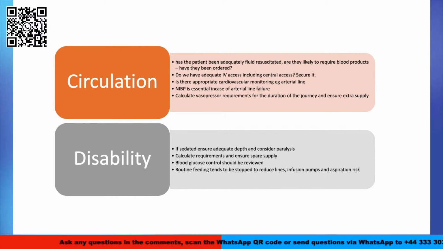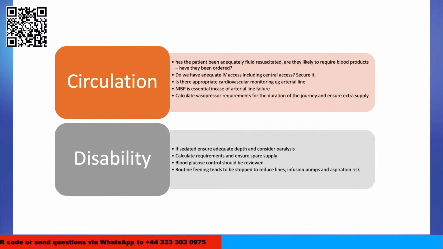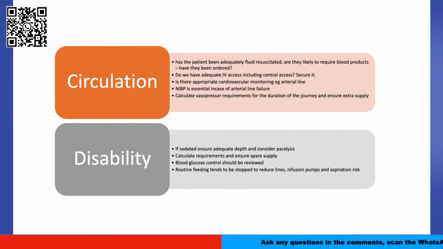Depending on the length of your transfer, it may be appropriate just to bolus paralysis, for instance if you're going to CT scan or a transfer to theatre, and this may reduce the number of infusions that you have going. However, in some cases, infusions of paralysis such as rocuronium will be required. As with vasopressors, you should calculate your requirements and ensure you have spare supply.